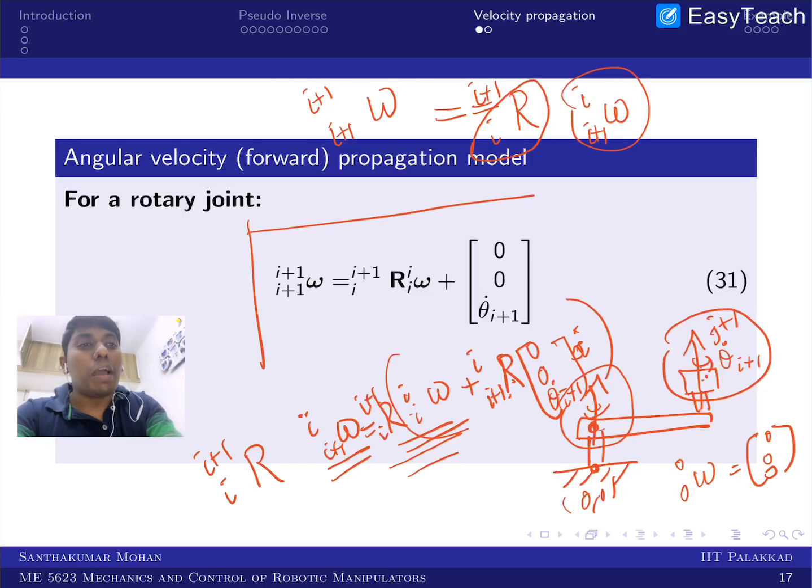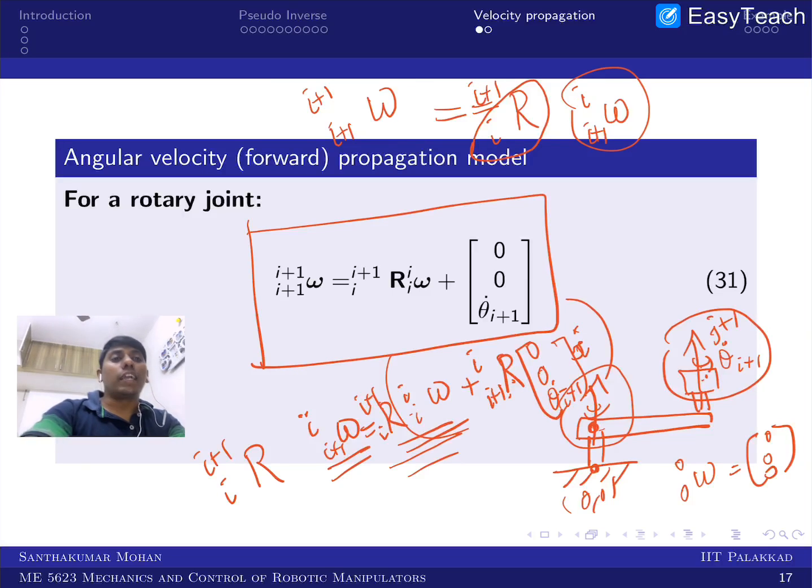So that is what we obtained as the angular velocity propagation model. Probably in the live discussion class we will see a little more, but this is the velocity propagation model for the angular velocity case, from one frame to another frame.